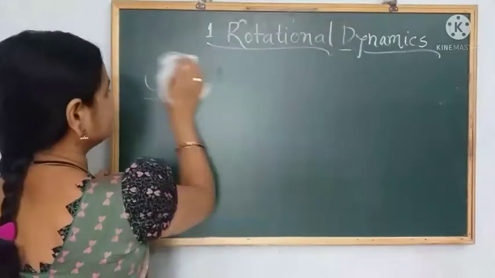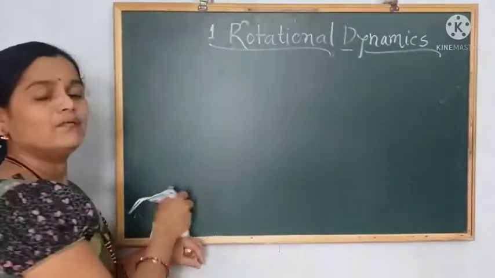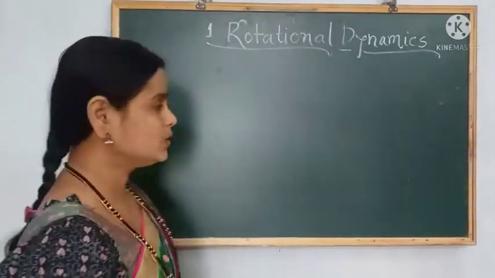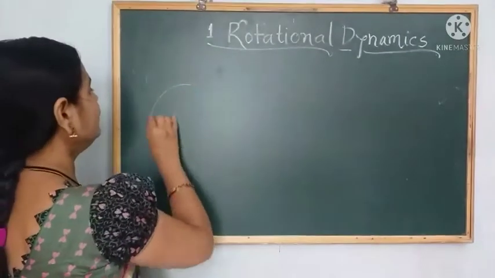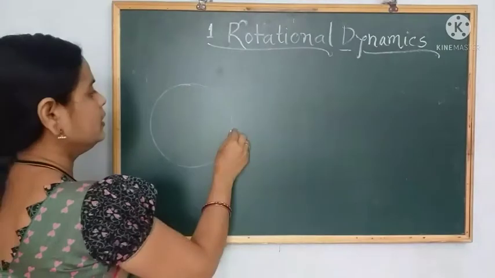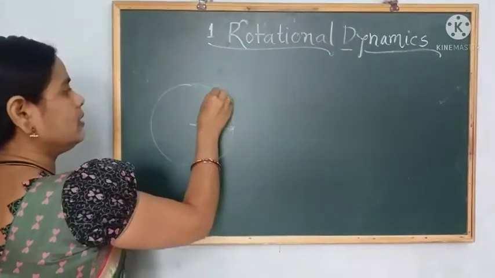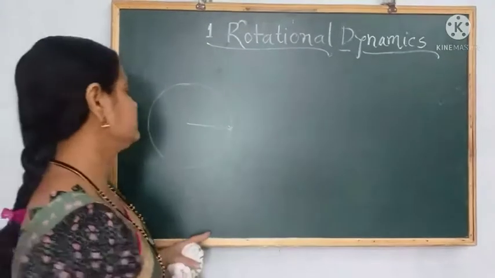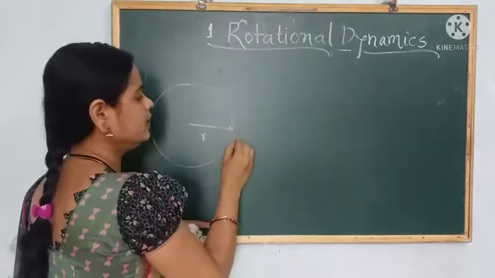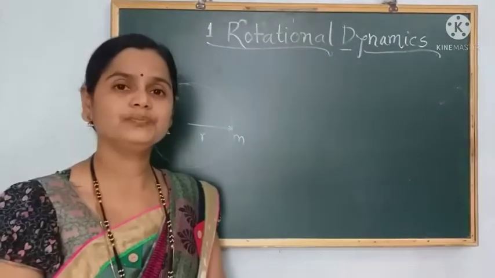So see here, up to this we have seen about acceleration, and we know that force is nothing but the product of mass into acceleration. So which force is responsible for the circular motion? The motion of the particle is along the circumference of a circle, say with radius r, and m is the mass of the particle. Along the trajectory it is going to move.